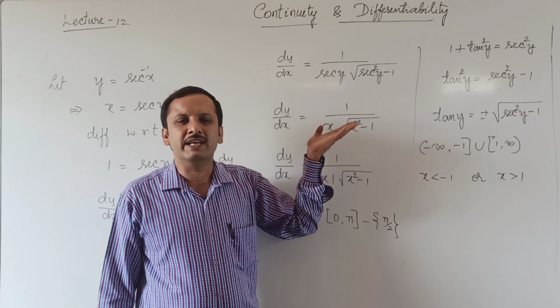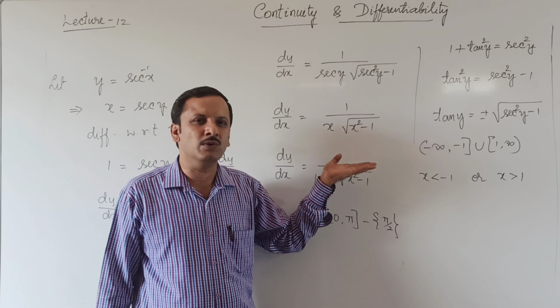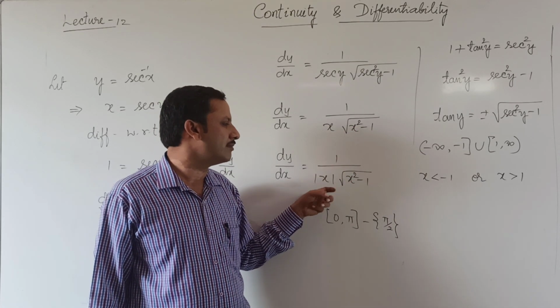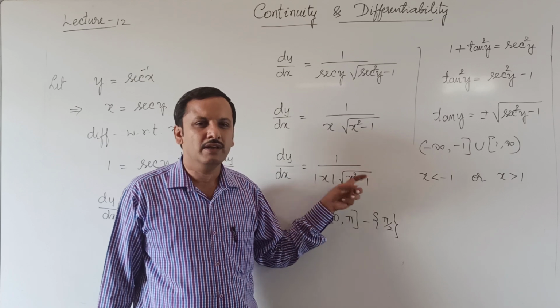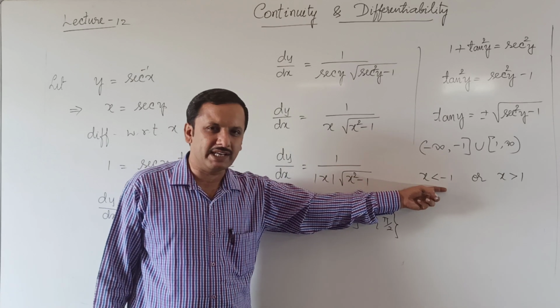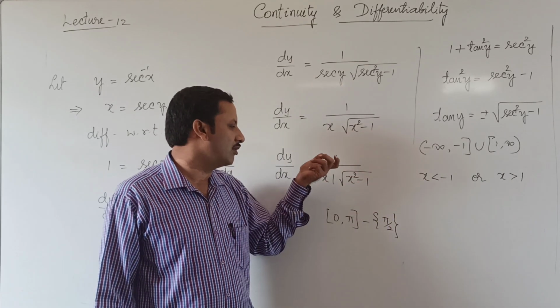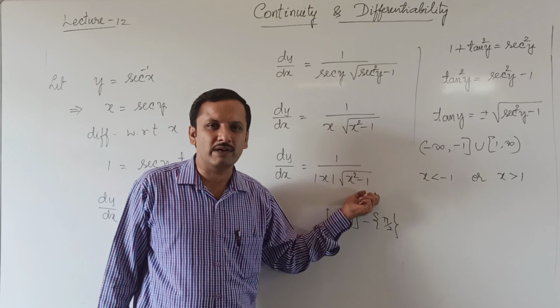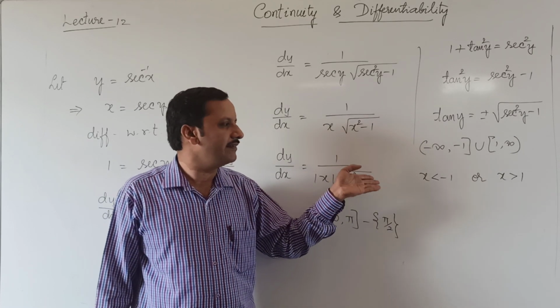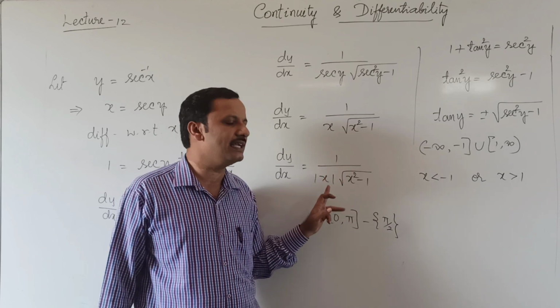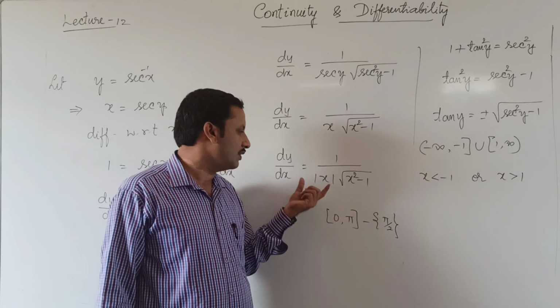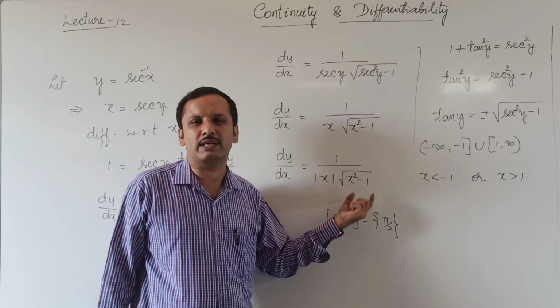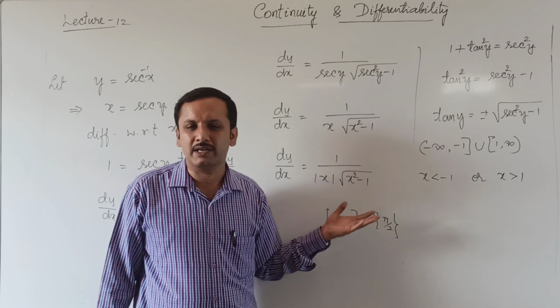See, when x is negative, it will become minus 1 by x into root x square minus 1. When x is less than minus 1, it will be minus 1 by x into root x square minus 1, the derivative. And when x is greater than 1, it will be 1 by x into root x square minus 1. So if I write 1 by mod x into root x square minus 1, both will be covered.